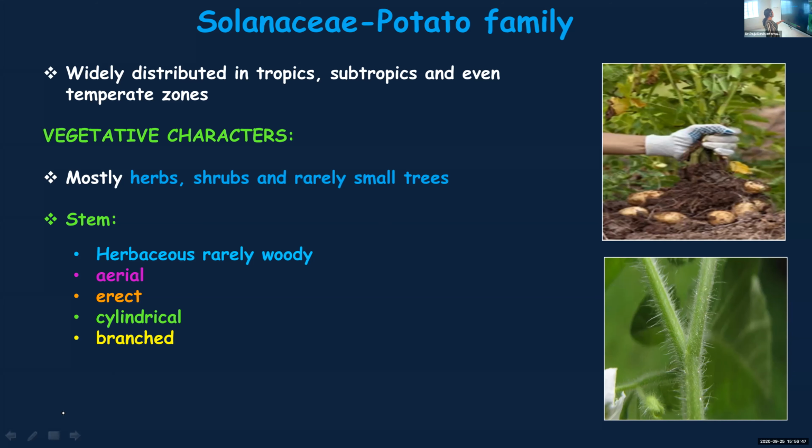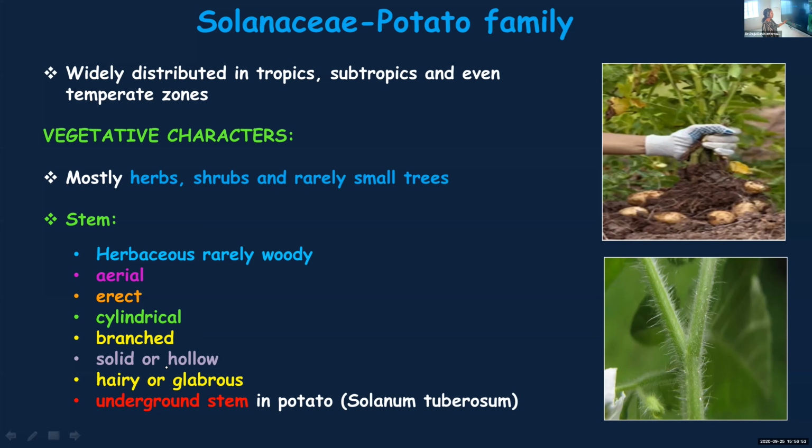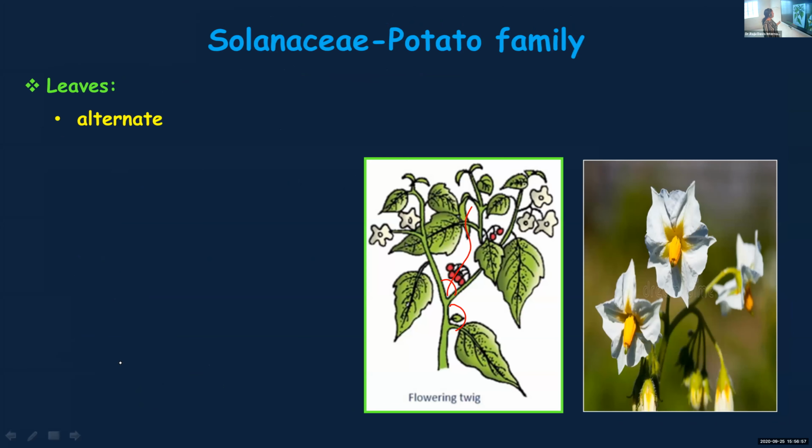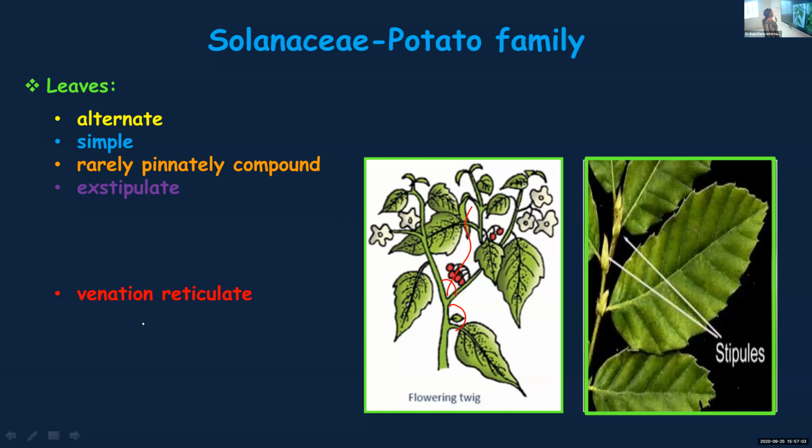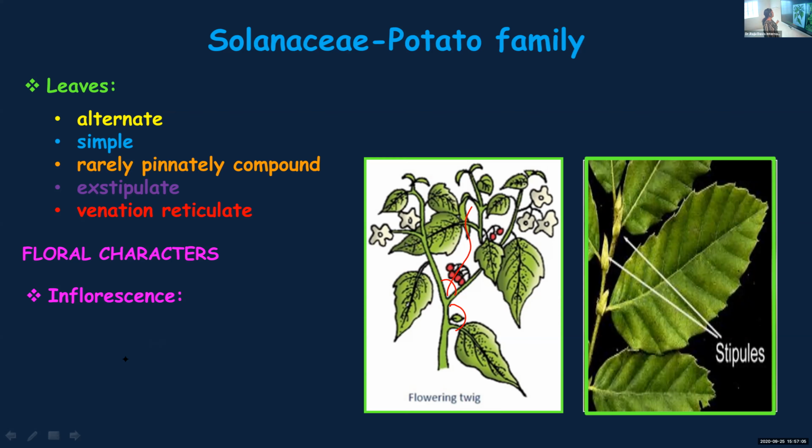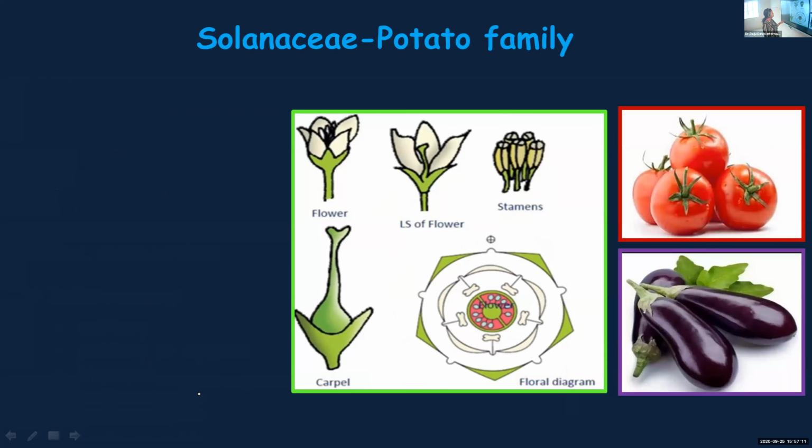Erect, cylindrical, branched, solid or hollow, hairy or glabrous. Then we learned about the leaves: alternate, simple, rarely pinnately compound, exstipulate, reticulate venation. Inflorescence solitary, axillary or cymose, bisexual, actinomorphic.